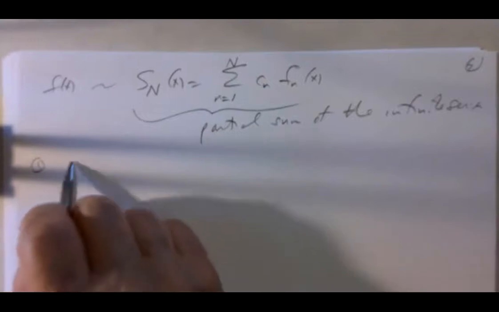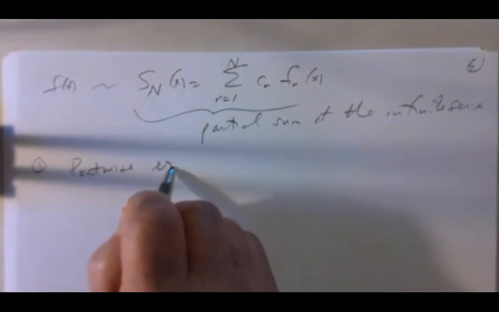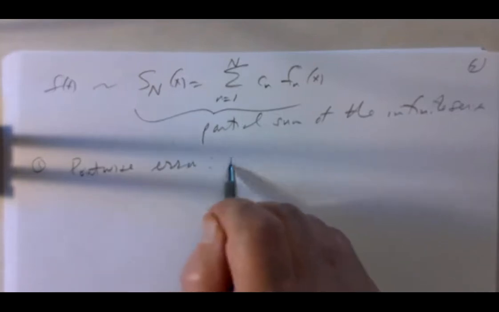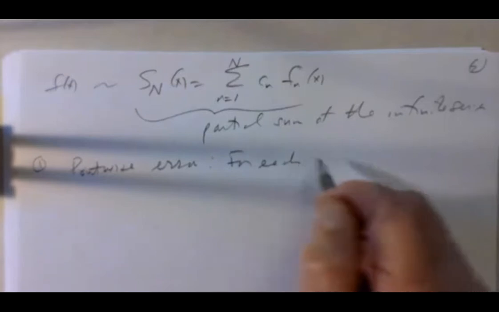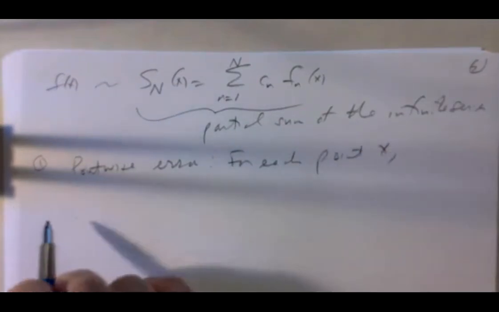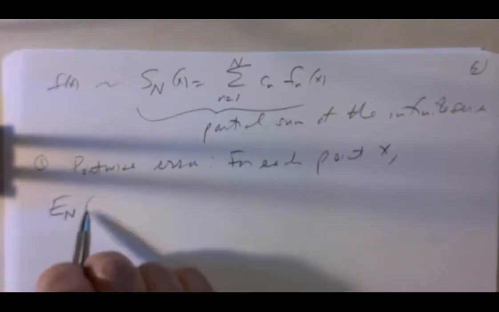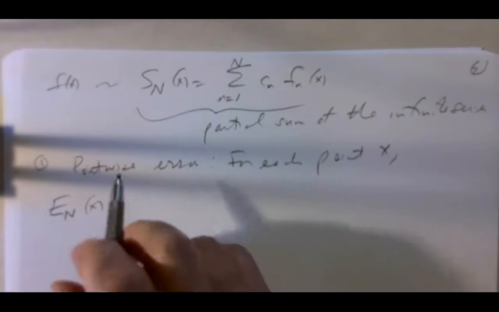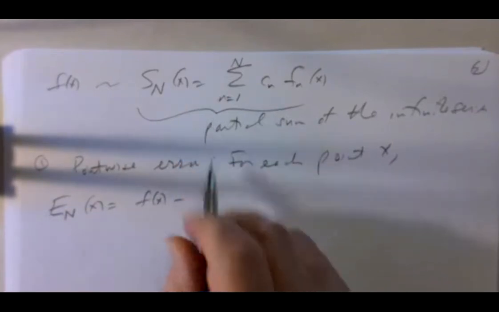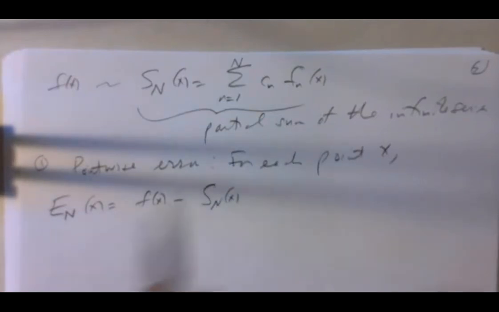The first is the pointwise error. For each point x, we can define the error, capital E of n of x, to be the difference between f of x and this partial sum.